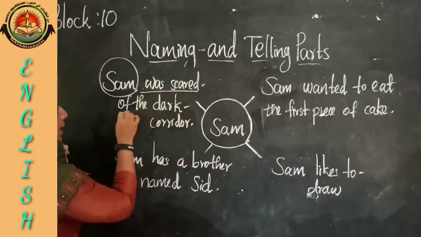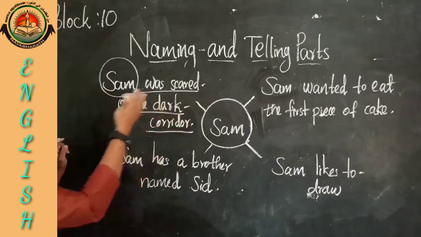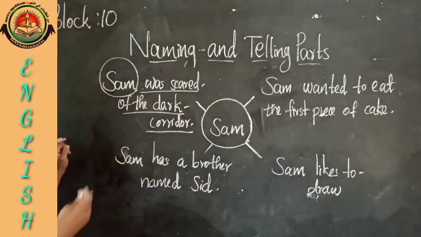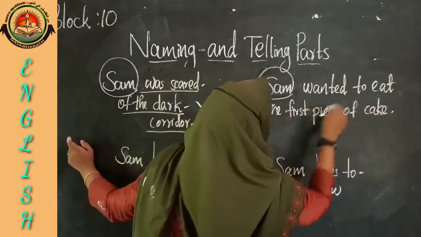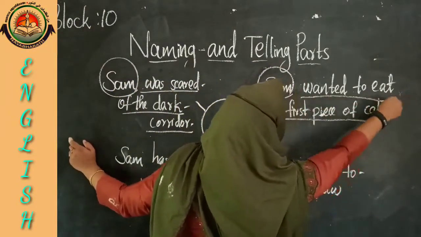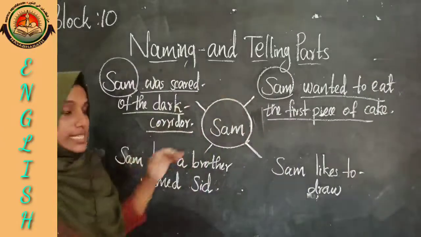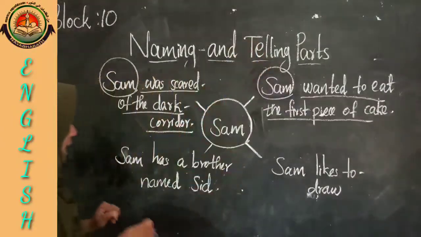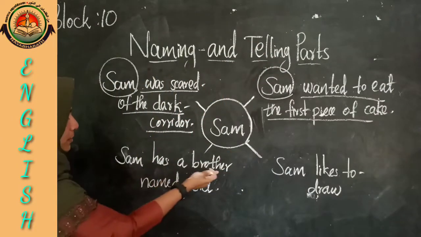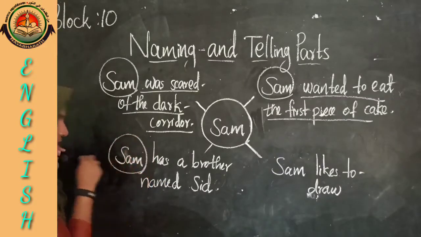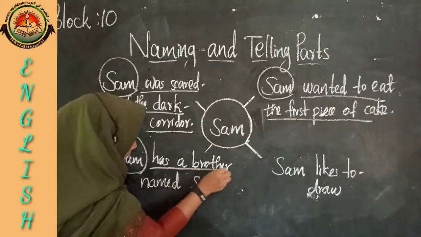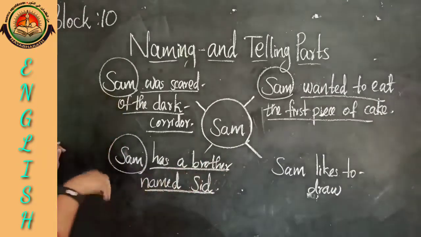And these remaining words are telling something about Sam. Then here, Sam again wanted to eat the first piece of cake. So this part is telling something about Sam. Then here, Sam has a brother named Sid. So here, the naming part is Sam, and he has a brother named Sid.